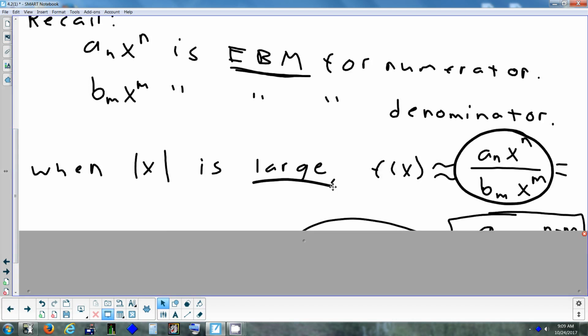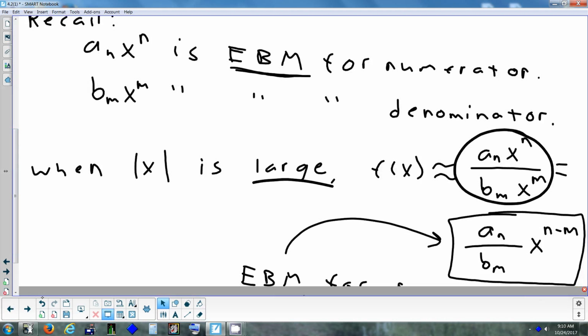Now, since we have division and we have the same base and we're dividing, what do you do with your exponents when you have the same base? Remember what you do? Like if you had 2 to the 5th divided by 2 to the 3rd, what would you do with the two exponents?